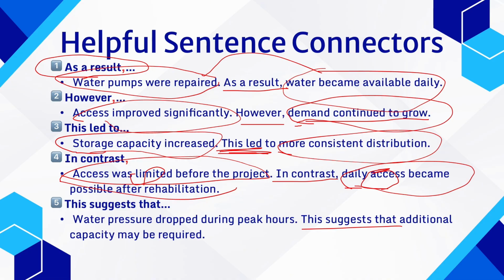So, what's your prediction? Additional capacity may be required. What's your evidence? Water pressure dropped during peak hours. So, you make a prediction based on evidence.